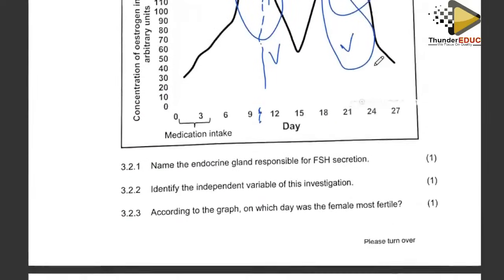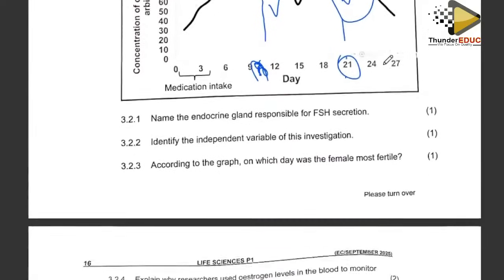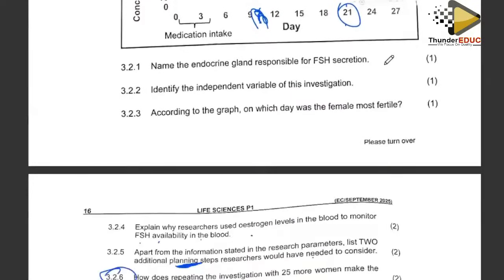Let me specify that the first peak took place on day 10 or 11, one of the two, and then the second one is on day 20. I see it's day 21. Yeah, day 21 there. So that shows that maybe the Graafian follicle had developed very well. Do you understand?